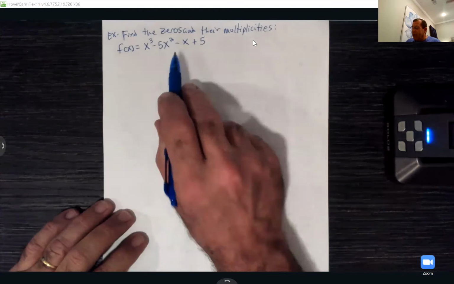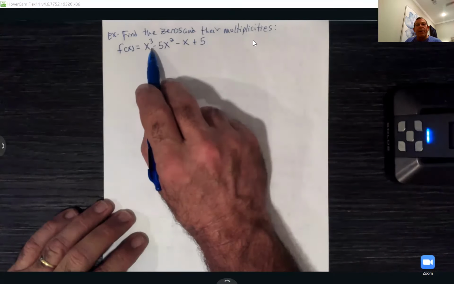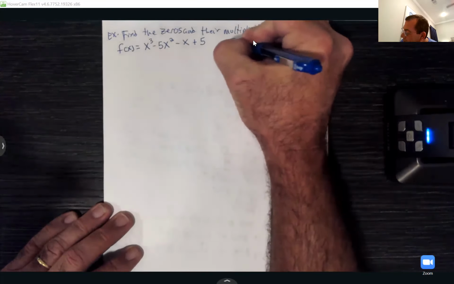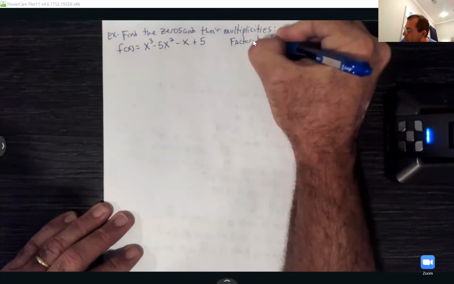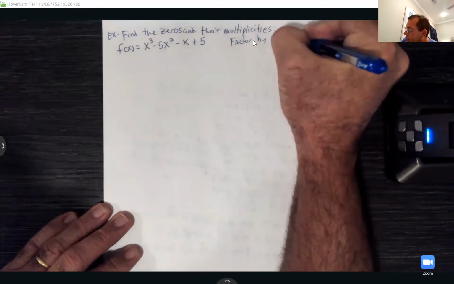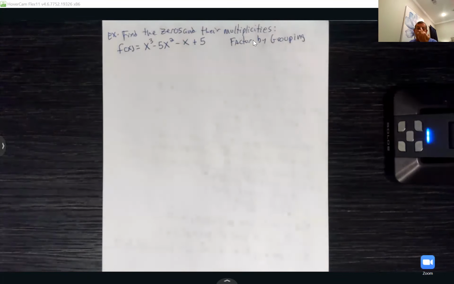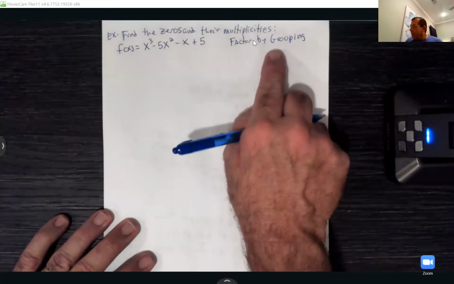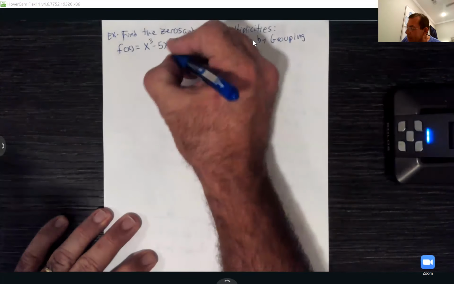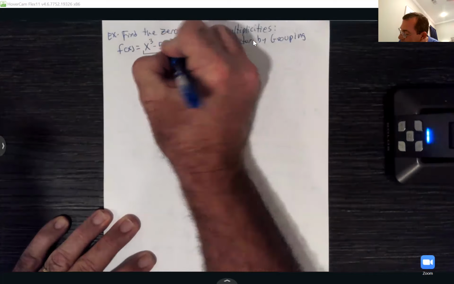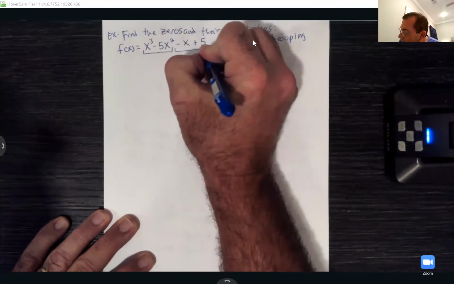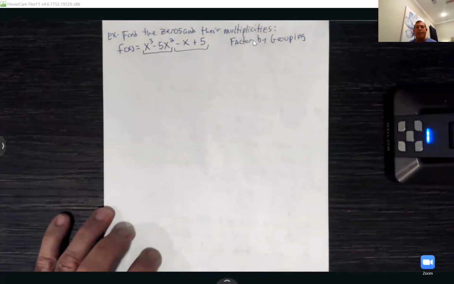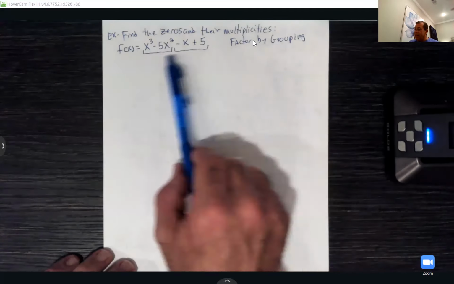But for this 3-degree polynomial here, I'm actually going to do what I call factor by grouping. So the first thing you do, where it gets its name, is you group these first two terms together and then you group the second two terms together.